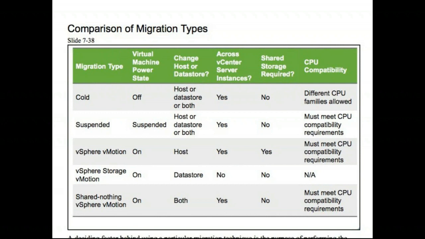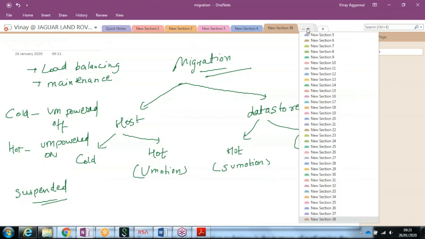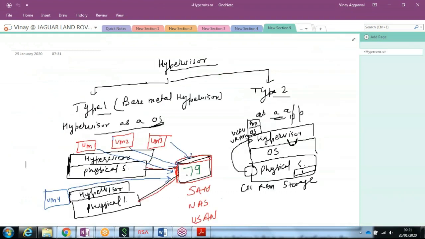If we talk about vSphere vMotion, again, because it's a hot migration, the virtual machine will be in the powered on state. What we change: vMotion is specifically for a host. So in the vMotion, we move the VM from one host to another host. We can move it across the instance, but there is a requirement. vMotion always requires a shared storage. What we mean by shared storage is what we were discussing in the previous class: this type of storage where multiple physical servers are connected and accessing a single storage.